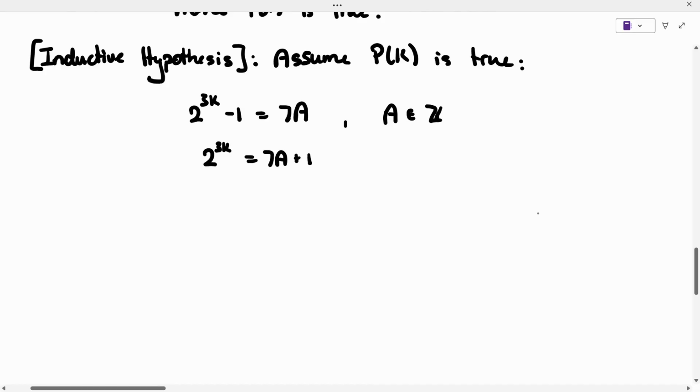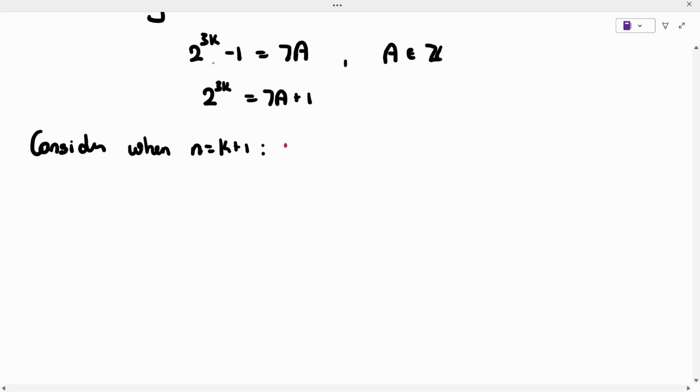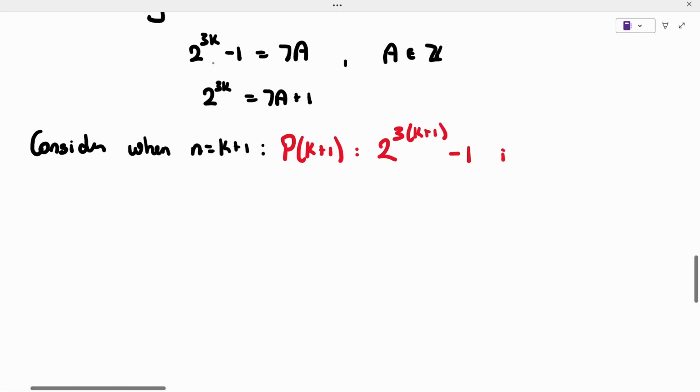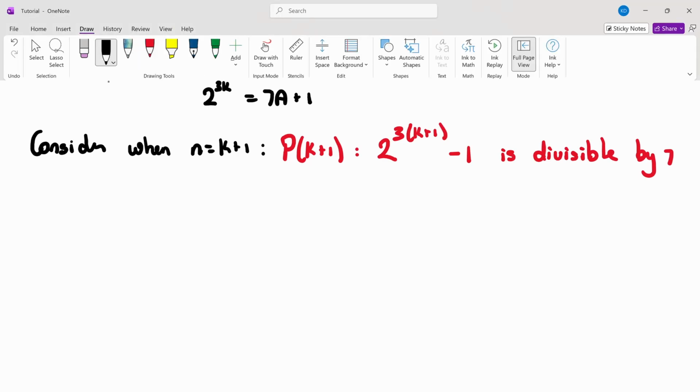So we assume P of k is true. And we want to consider when n is equal to k plus 1. So what does that give? P of k plus 1, which is 2 to the power 3 times k plus 1, minus 1, is divisible by 7. This is what we need to show is true.